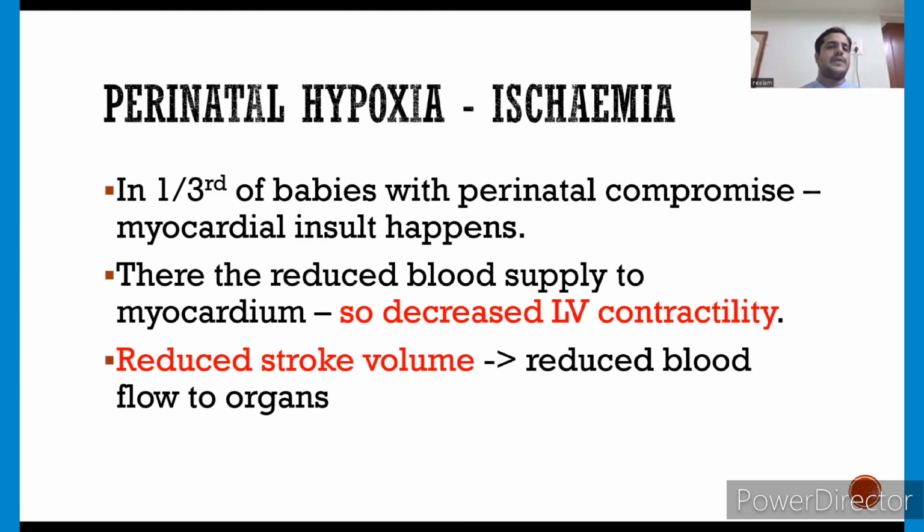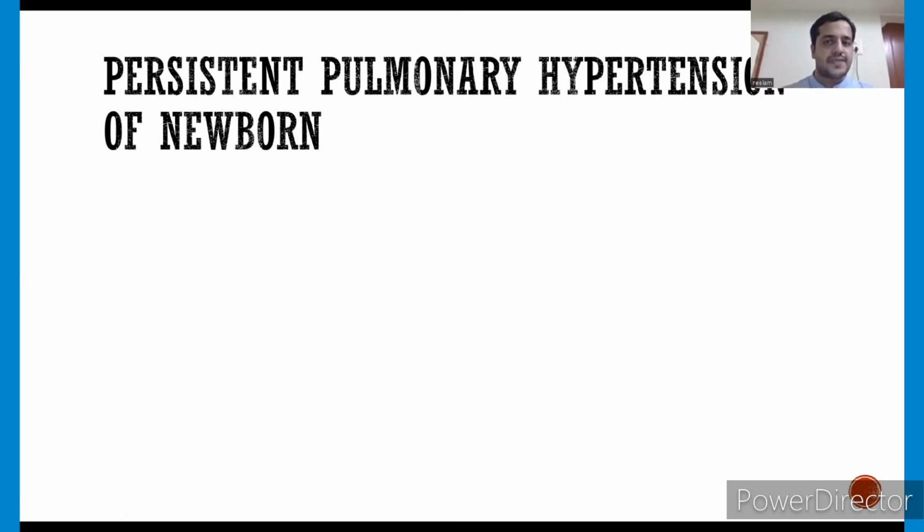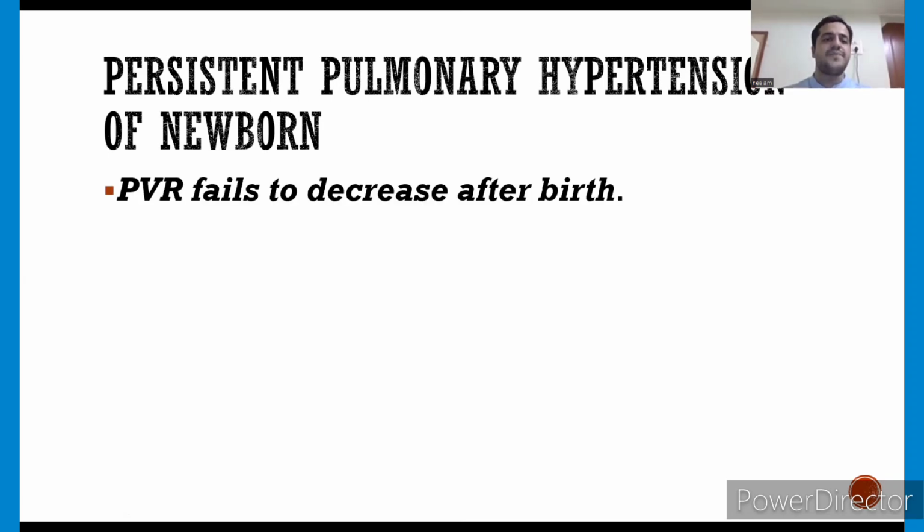Okay. Then coming to PPHN, what happens in PPHN? PPHN is something we often neglect or don't consider in our differentials for a baby who is worsening. PPHN is something which is very common in our day-to-day practice. Wherein the pulmonary vascular resistance, which in utero was very high, should actually come down as soon as the baby starts breathing.